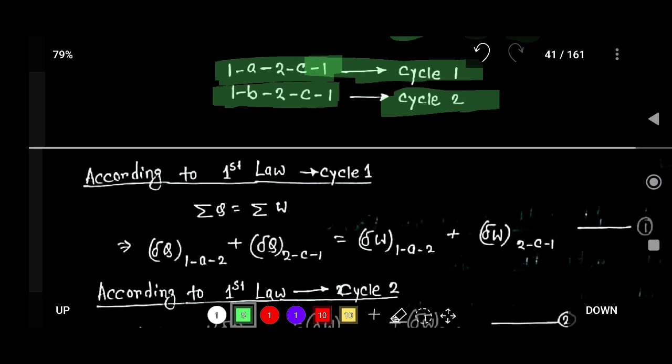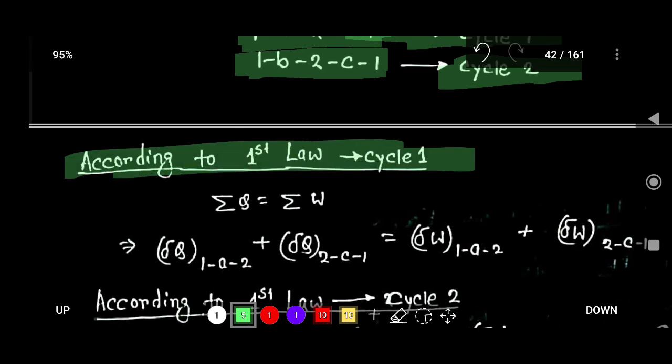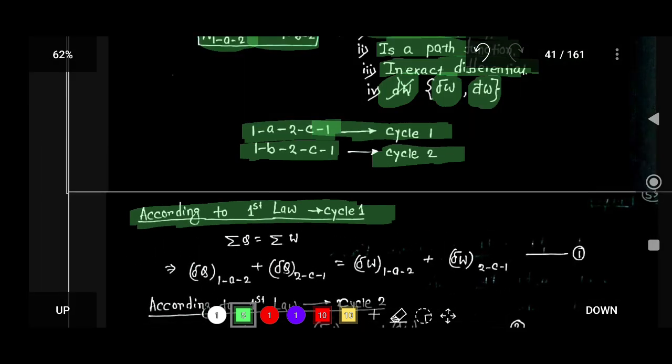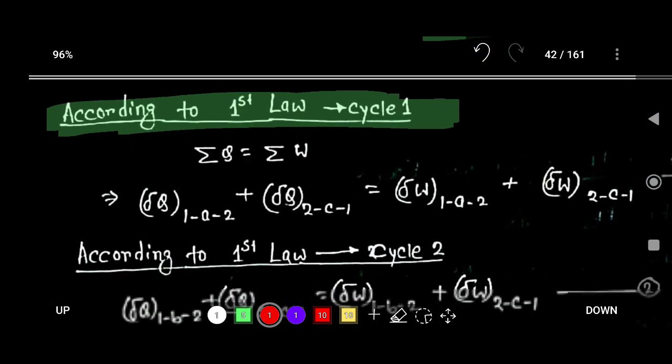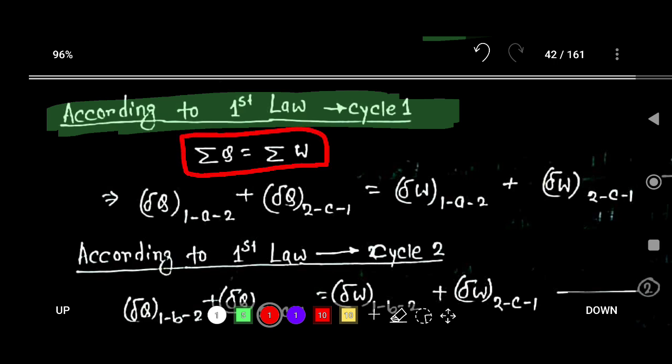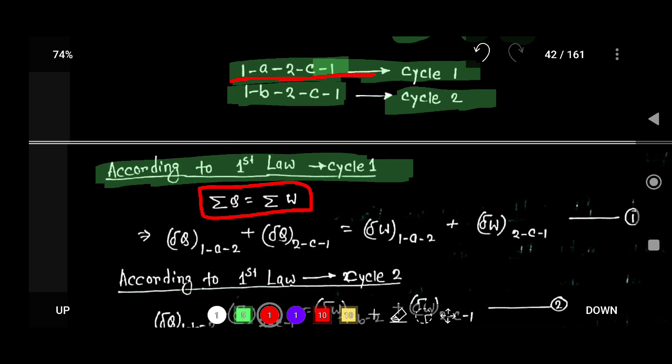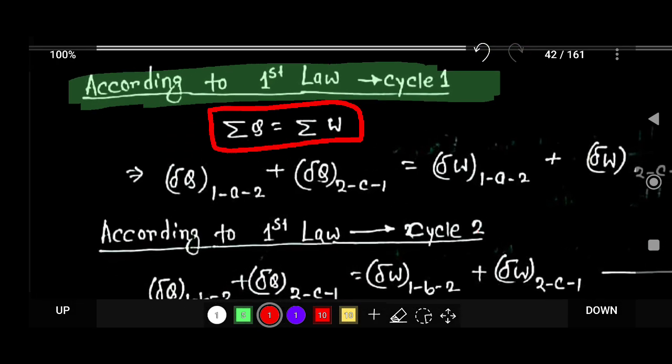Now according to the first law of thermodynamics, for cycle 1, that is 1A2C1, just put the formula: summation of Q equal to summation of W. For cycle 1, process A and process C are there.